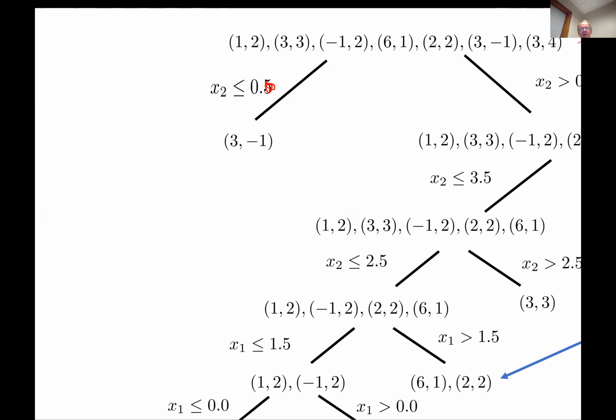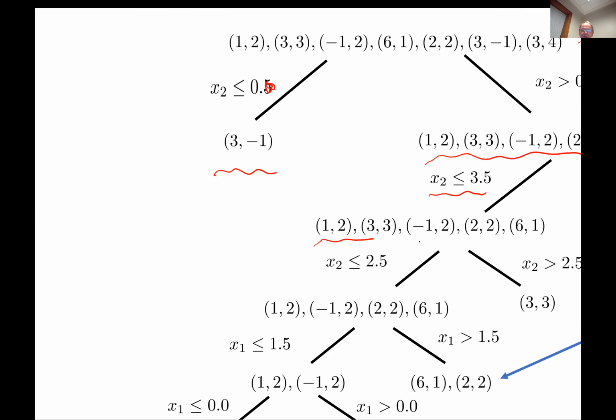If you split it here, you can see we get one pure node. This was just 1 point. The rest of it is these 6 points. Then we split it again at 3.5, and now at the right node we just get 1 point, so that's pure.